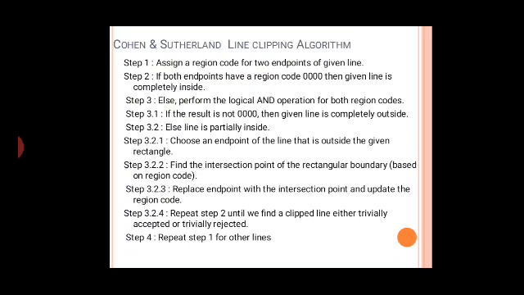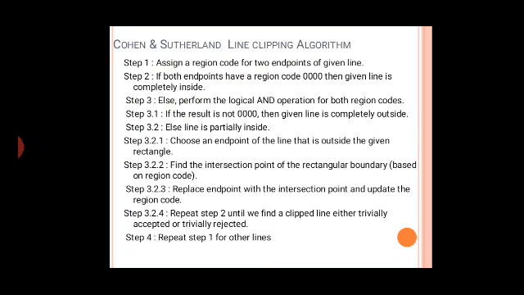For that you have to choose an endpoint of the line that is outside the given clipping window, and find the intersection point with the rectangular boundary, meaning you find where the line intersects your clipping window.